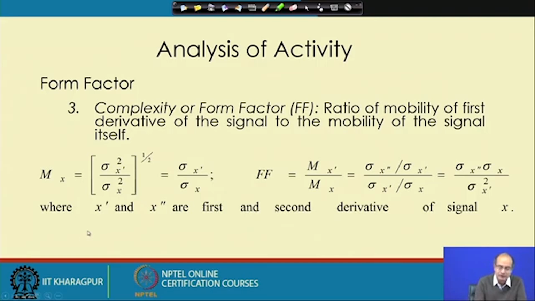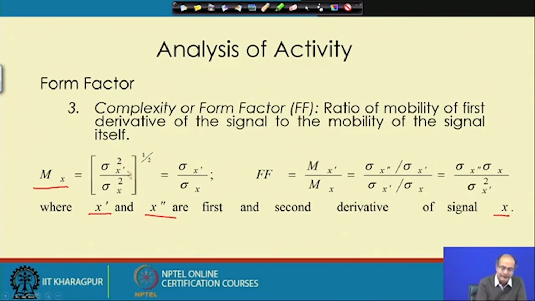So, let us look at the formulas to get it more clear. Before the form factor, we look at the mobility part of it. Mobility of the signal is computed by taking the activity of the signal and the derivative of the signal, where if x is the signal, then x dash is the first derivative and x double dash is the second derivative of the signal x.